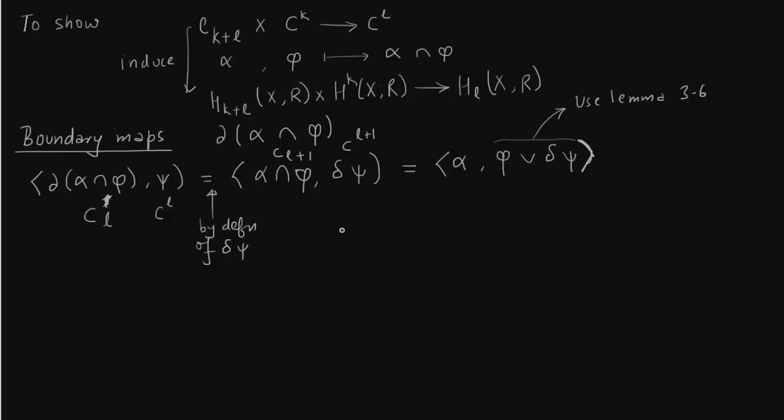So take that formula and plug it in here. So you will have minus 1 to the power of k, and now we'll just go through the motions, interchanging cup and cap products and using the definition of deltas.